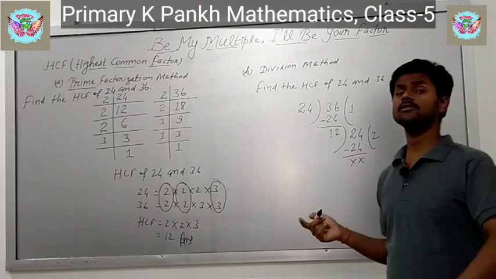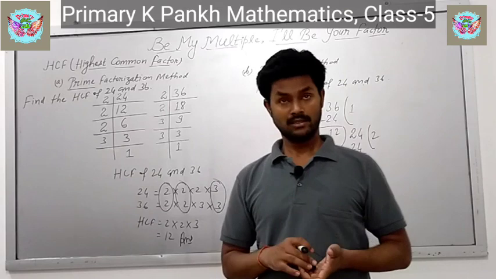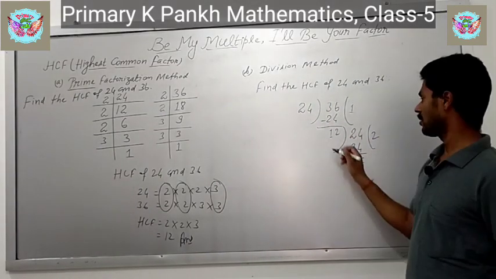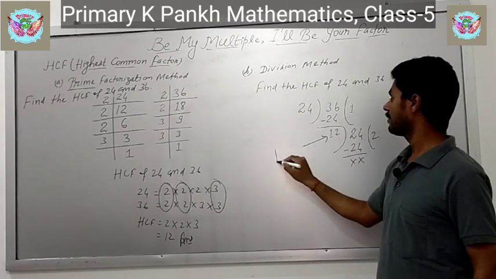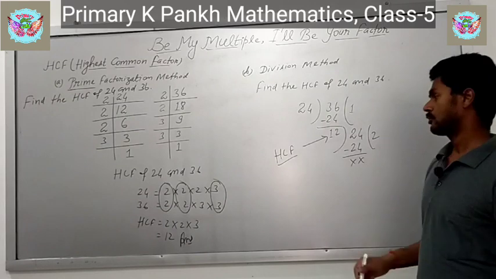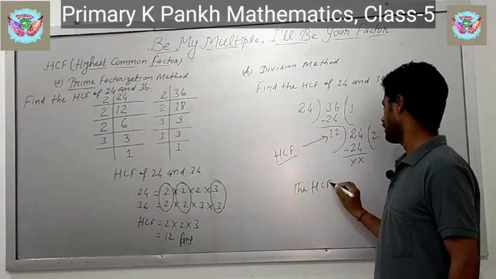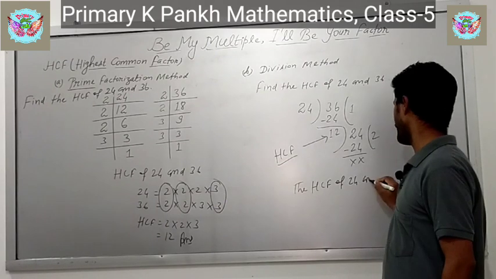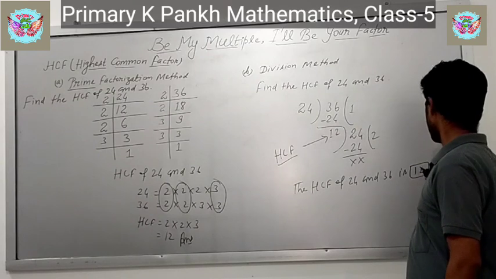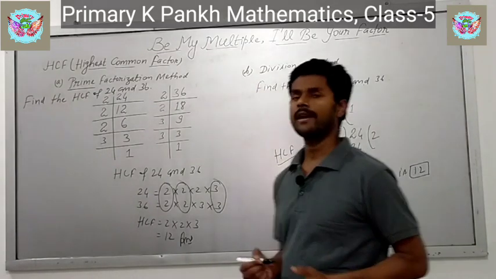Remember this also: the number which finally divides to give a remainder of 0 is known as the HCF. So here your HCF will be 12. You can easily say that the HCF of 24 and 36 is 12.